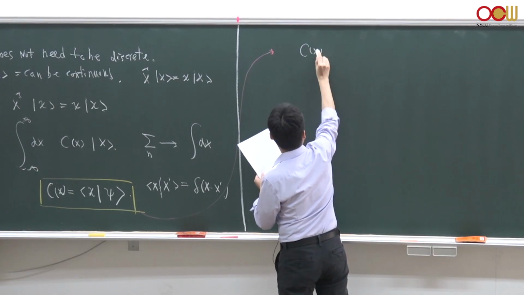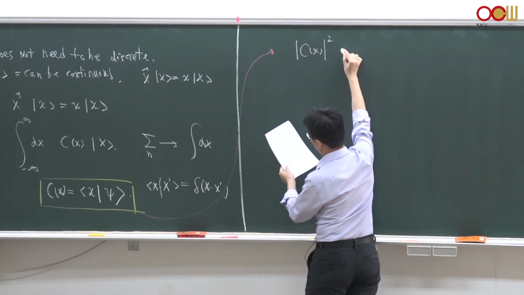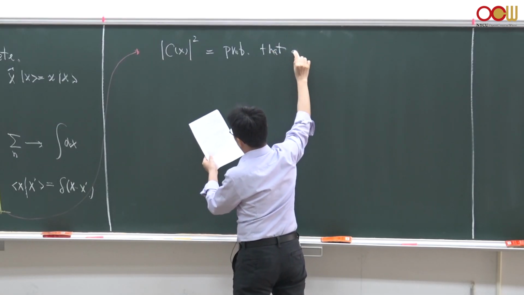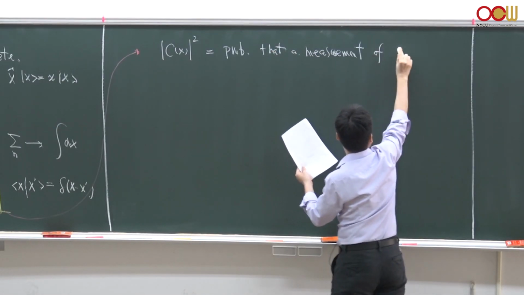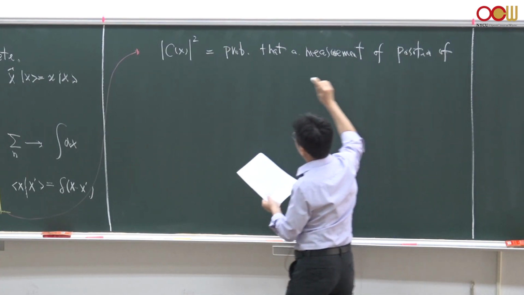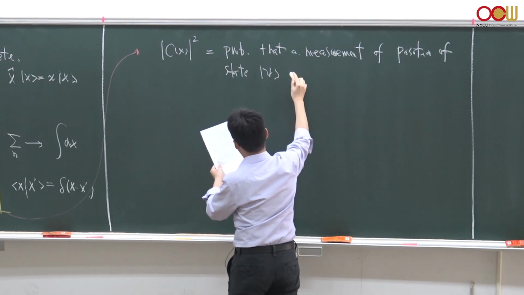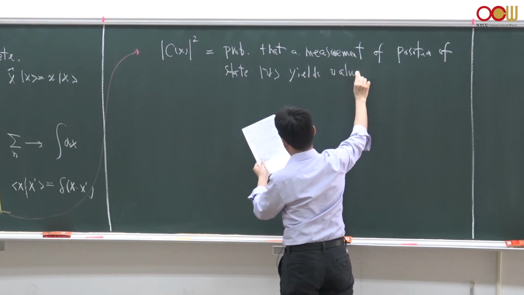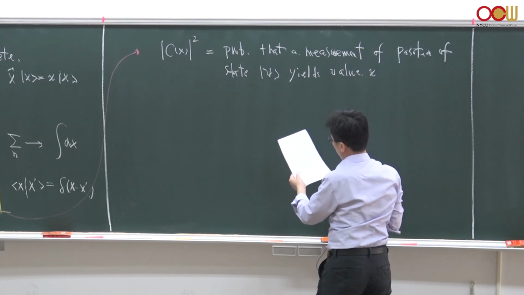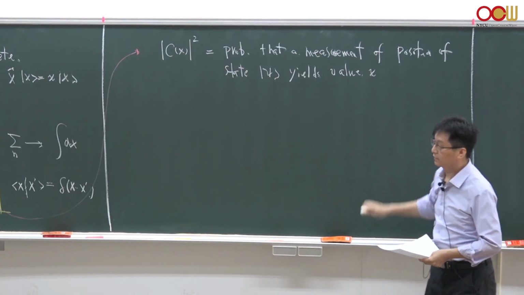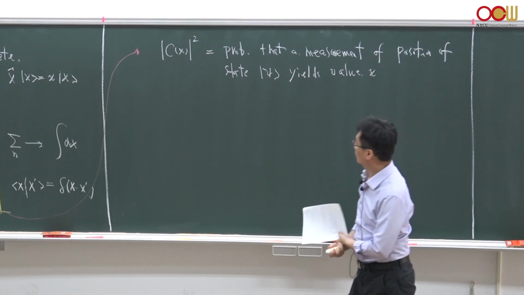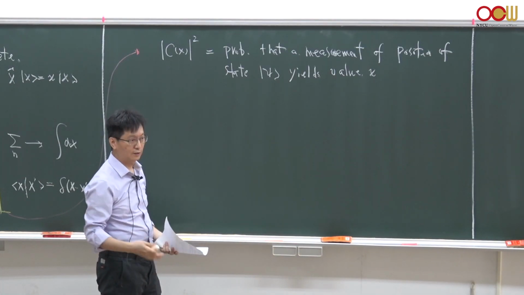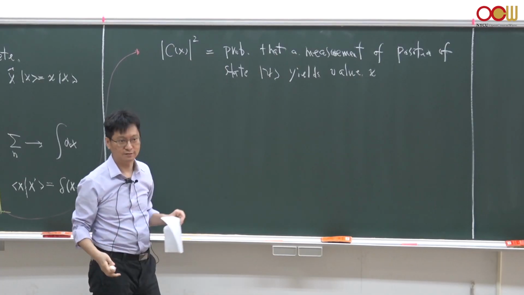C of x squared represents the probability that a measurement of the position of the state psi gives you the value x. Isn't that right? So this c squared is a probability that you find a particle at position x, right?